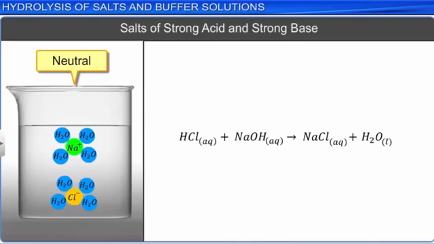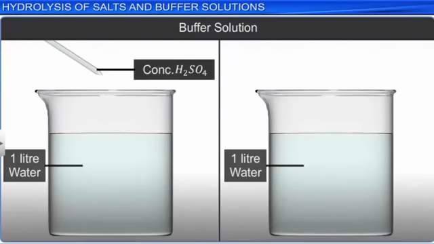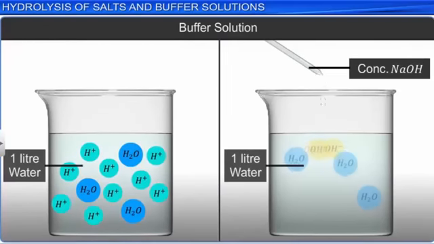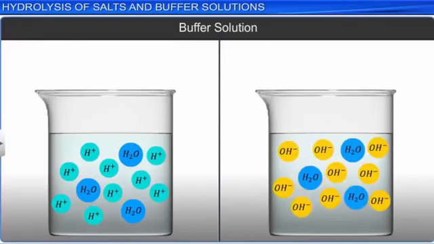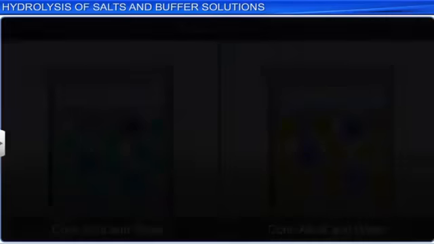Now, let's look at the term buffer solution. Suppose you add a drop of concentrated sulfuric acid or concentrated sodium hydroxide to a liter of water. Does the pH of the water change? Yes, it does.